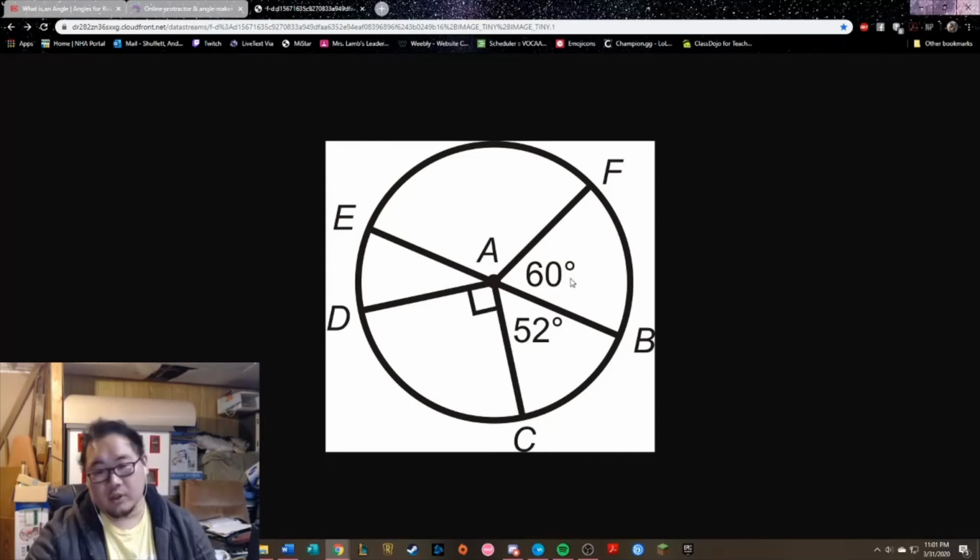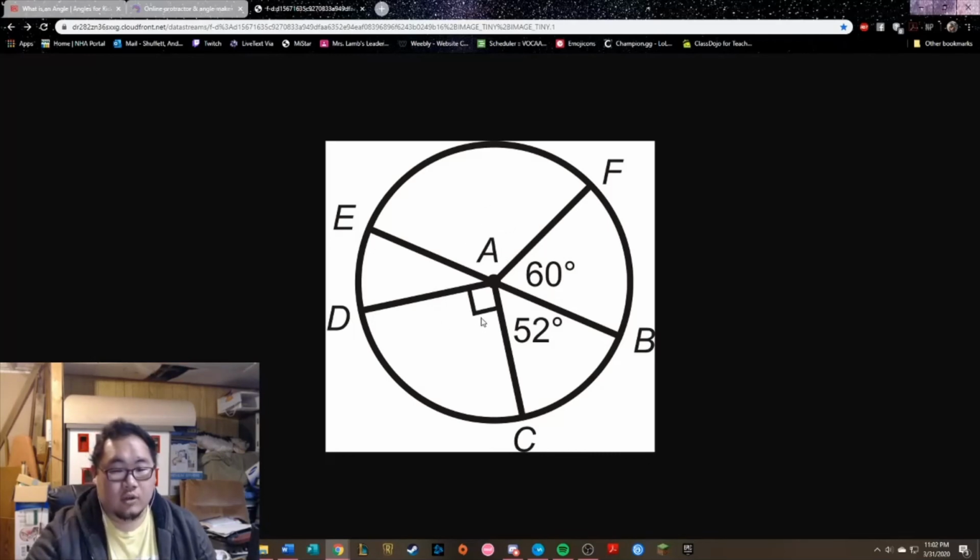Because for me, boys and girls, just to continue and finish this analogy, 60 degrees is the other end of this angle. So this is a straight line. Line EAB is a straight line. So you got 60 degrees on one end. That means if you take 60 degrees away from 180 degrees, you're left with the measurement of this angle, right?